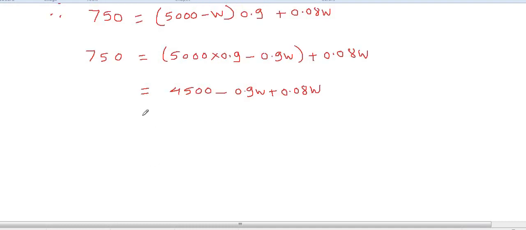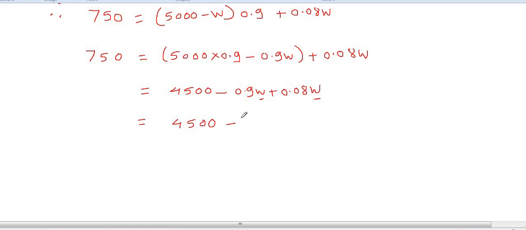Okay, I will solve this. We will get here 4500 minus, here W is common. So here it is minus 0.9 W, here it is 0.08 W. So what final answer will you get here?